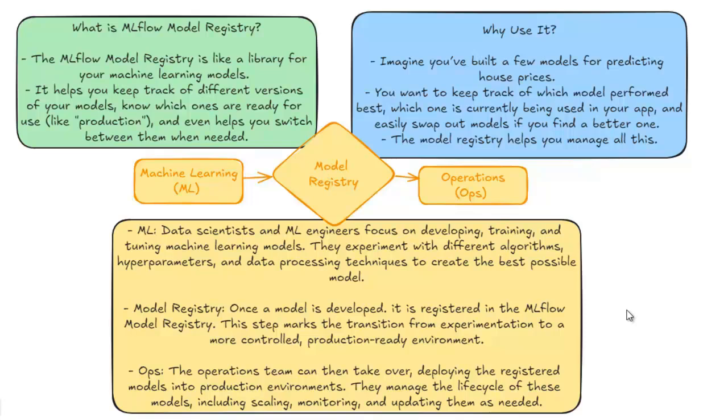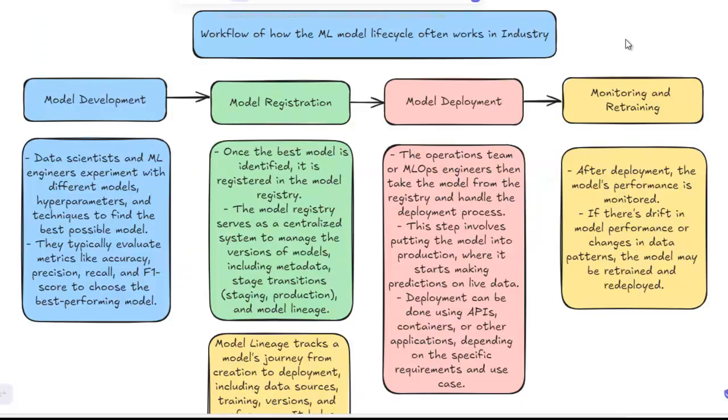Before we start our session on model registry, let's first understand the workflow of how the ML model lifecycle typically works in the industry. This will help you to understand the need for a model registry. As you can see here, the different steps of the ML model lifecycle: model development, model registration, model deployment, and monitoring and retraining. Let's start with model development.